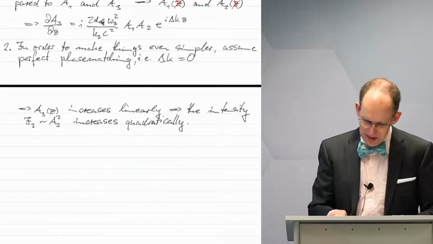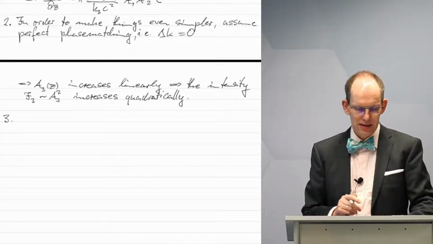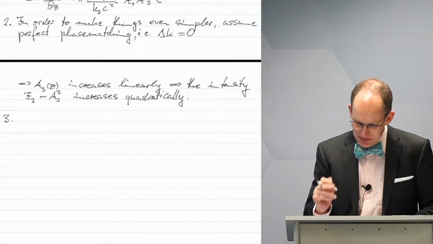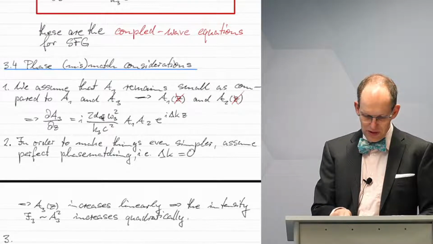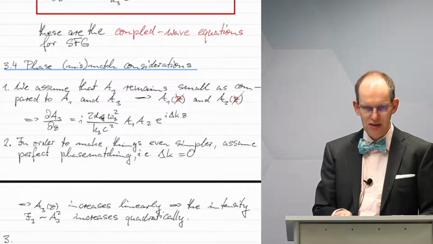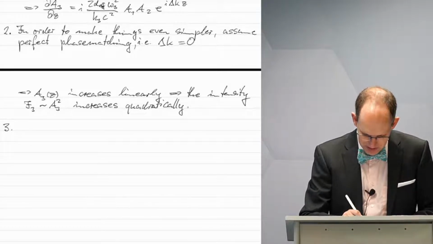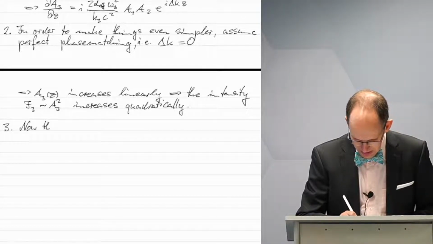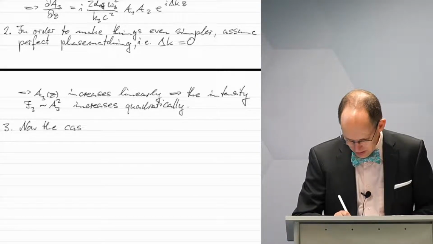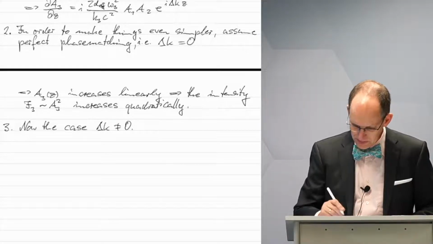Good. So that was really simple. But we have to do the case where phase matching is not equal to 0, because after all, the headline is phase mismatch considerations. So now the case delta k not equal to 0.